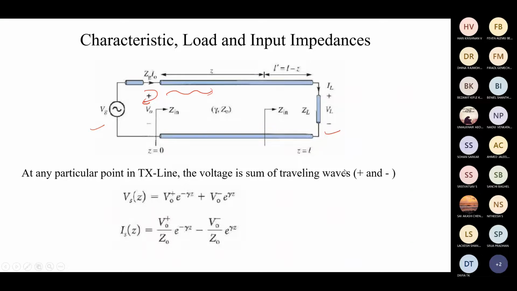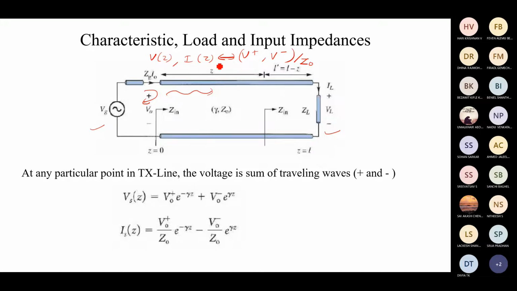Now, in this particular problem, we have described the voltage at any particular point and the current at any particular point in terms of the incident and the reflected components. Often this is normalized by the characteristic impedance of the transmission line, because both the incident voltage and reflected voltage can represent both voltage and currents.